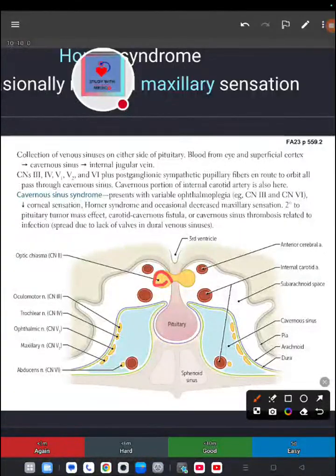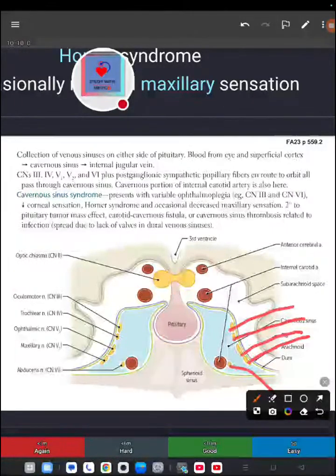So basically this blue area is the cavernous sinus. Here are our nerves, see how they are: this is nerve 3, this is 4, 5-1, 5-2, and 6 is here, near the internal carotid. Postganglionic sympathetic fibers en route to the orbit all pass through the cavernous sinus.